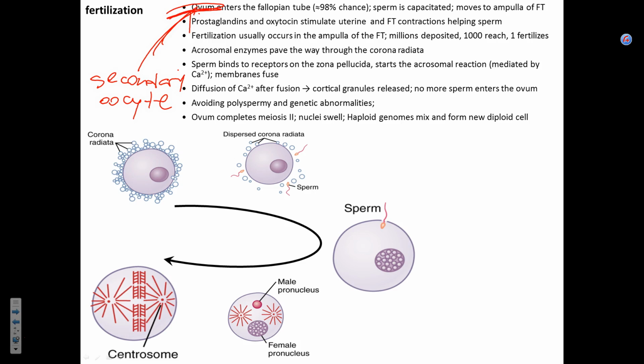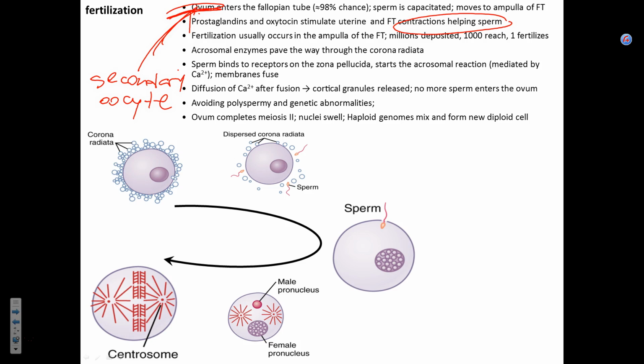The prostaglandins and oxytocin produced during intercourse, and prostaglandins that are in the seminal fluid, stimulate the contraction of the uterus and contractions of the fallopian tubes, which promote sperm movement towards the oocyte. Usually, the oocyte is fertilized in the fallopian tube.